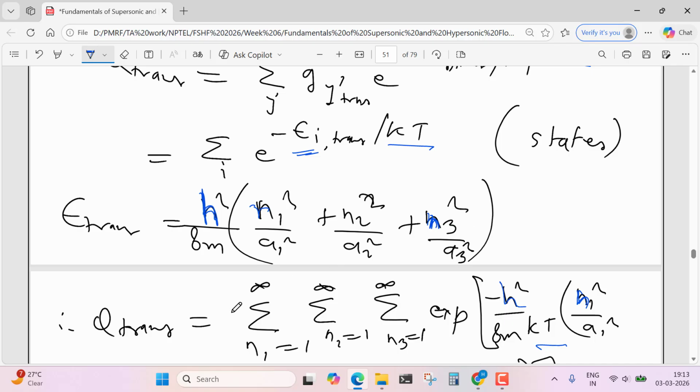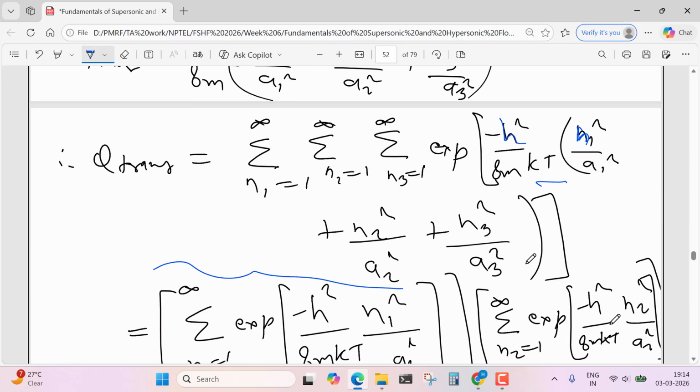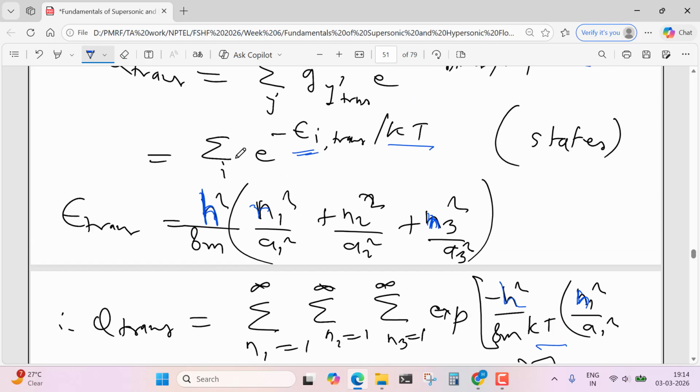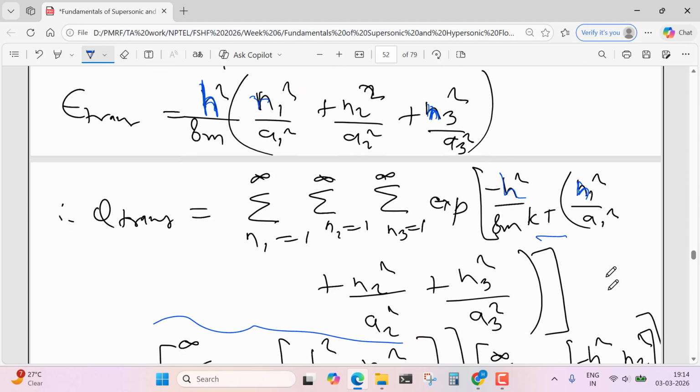So Q translation is given by sigma n1 equal to 1 to infinity, sigma n2 equal to 1 to infinity, sigma n3 equal to 1 to infinity, e to the power minus h square upon 8m kT, n1 square upon a1 square plus n2 square upon a2 square plus n3 square upon a3 square. That's why we have not written the degeneracy here, because this translation term itself gives the degeneracy equivalent.